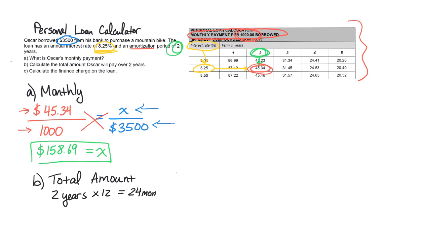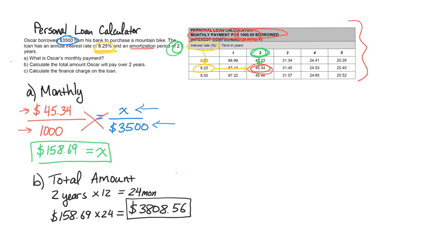So I take my monthly payment of $158.69, I multiply by 24 months, and the total that he pays for his loan is $3,808.56. That is how much the mountain bike will cost him because he borrowed the money.